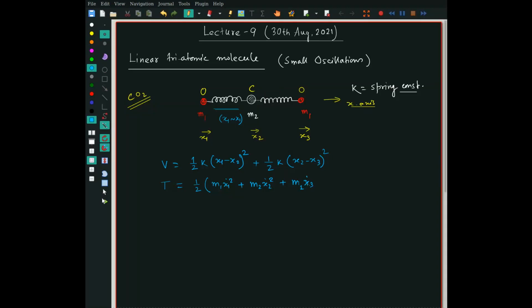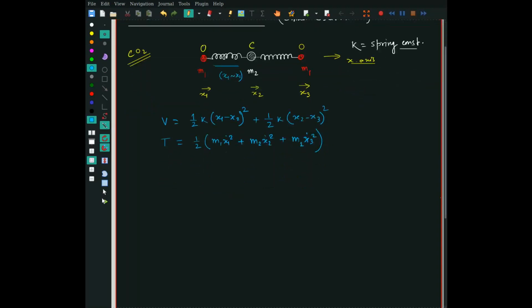So the Lagrangian would be given by T minus V for this kind of a conservative system. It is basically half m1 x1 dot square plus m2 x2 dot square plus m1 x3 dot square.